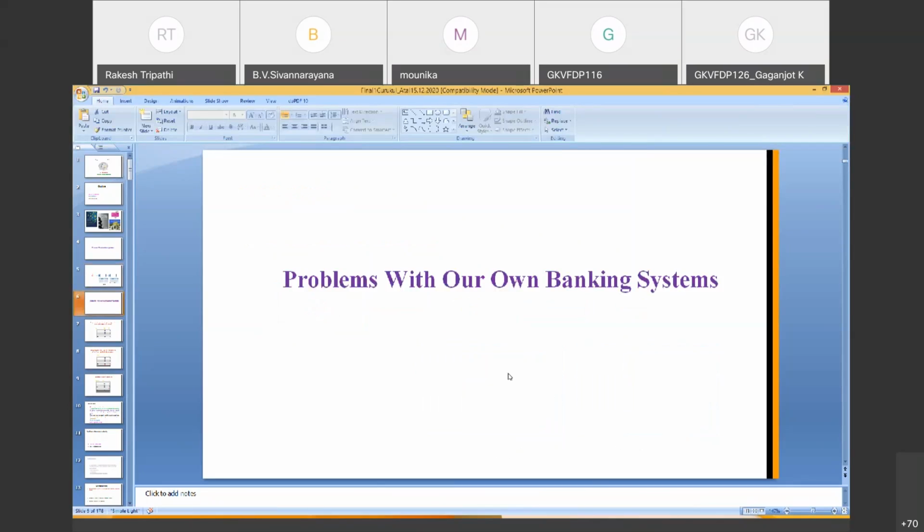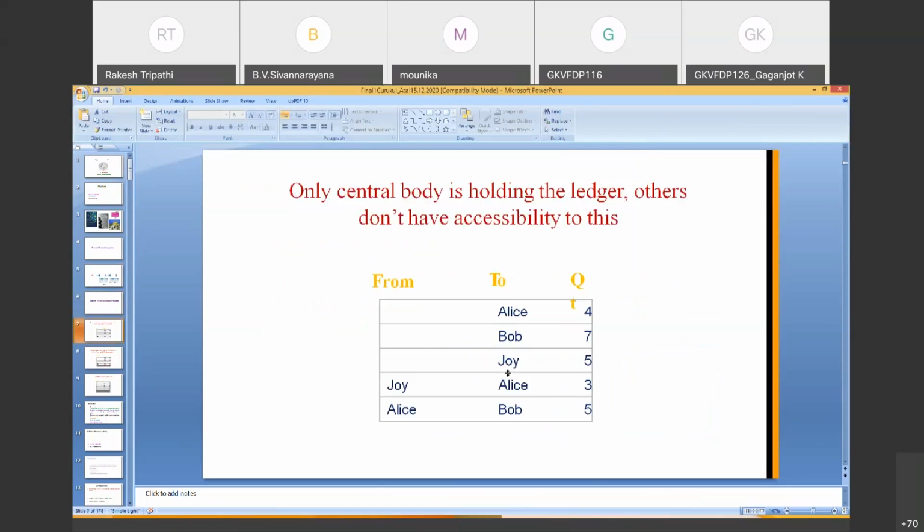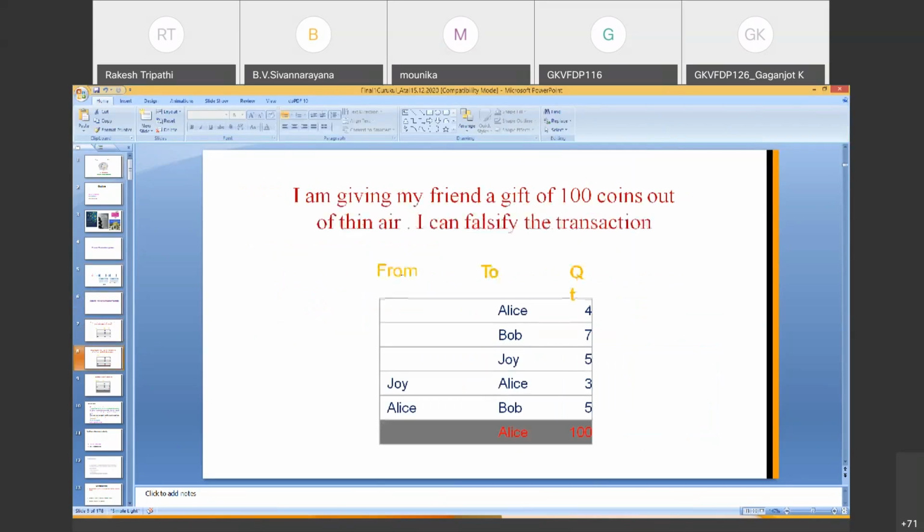Now, what is the problem with this kind of banking system? The problem is that only a central body is holding the ledger. All the SBI transactions which you are making are with the bank. So the bank is holding the whole ledger and you don't have any accessibility. If you want, you can get it for 6 months, 1 year.